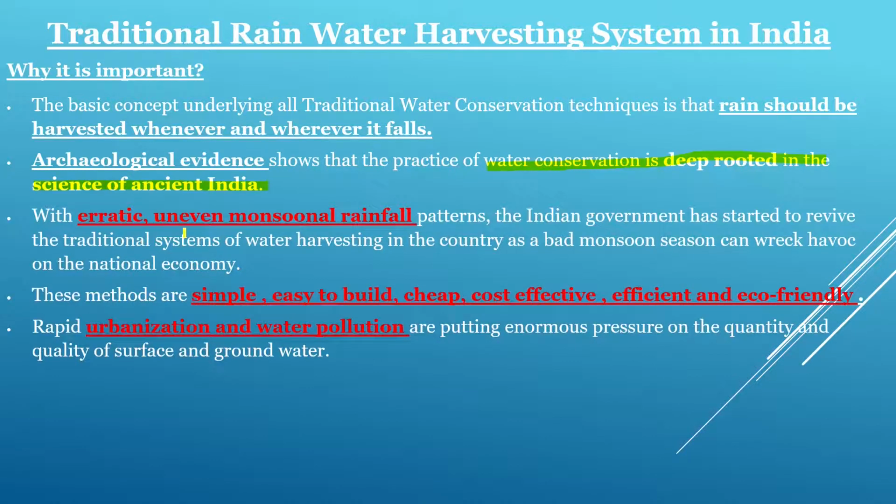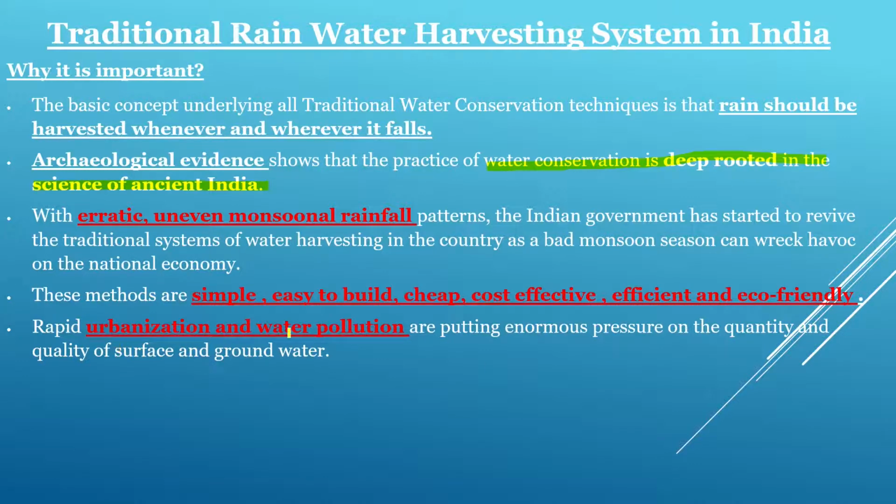With erratic, uneven monsoonal rainfall patterns, the Indian government has started to revive the traditional system of water harvesting in the country, as a bad monsoon season can wreak havoc in the national economy. These methods are simple, easy to build, cheap, cost effective, efficient, eco friendly.